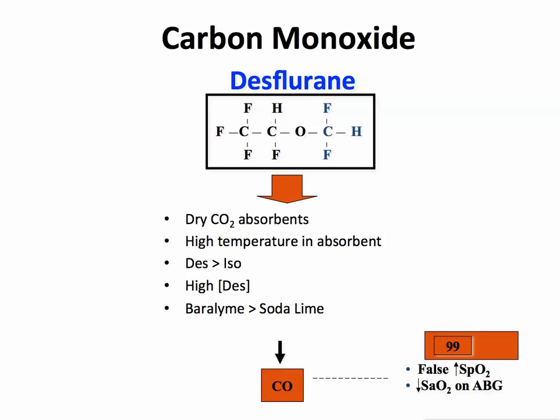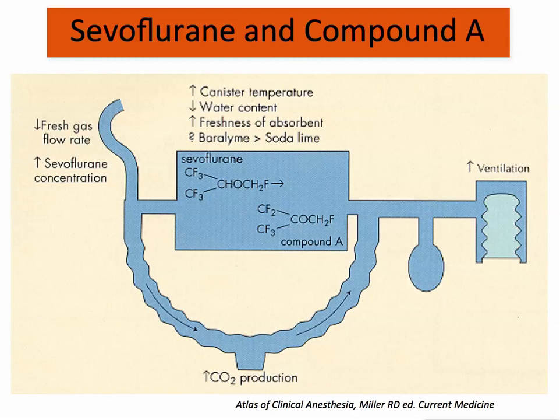And remember that our saturation monitors will not pick up this change in oxygen saturation, but we would have to actually get a blood gas and look at, with a co-oximeter, the SaO2, which would be decreased. Another problem with CO2 absorbers is compound A formation in the presence of sevoflurane.